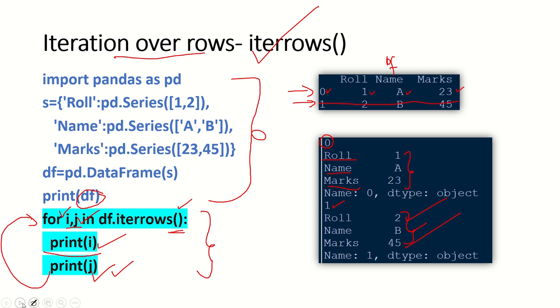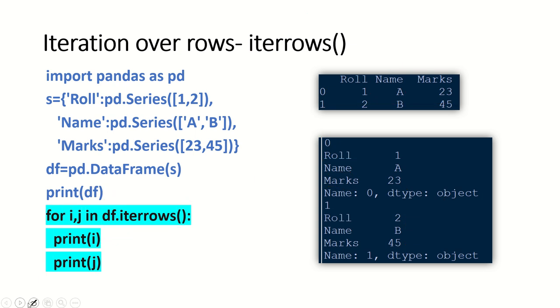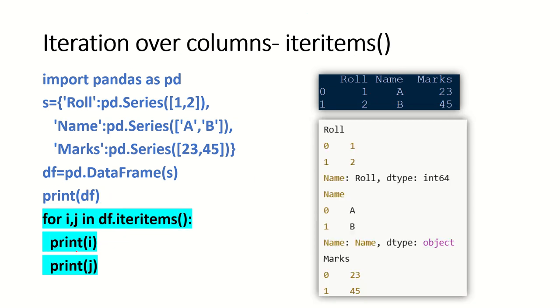Then we shall see how we iterate over the columns. Now how can you iterate over the columns? A similar example we are taking. This is how we create the data frame again. This is the part we have to consider for iterating over the columns. Our first column is roll, our second column is name, and our third column is marks.